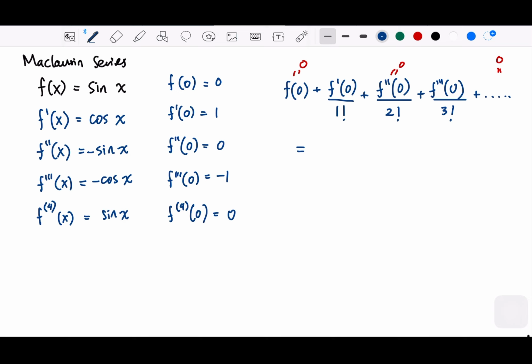So we can write x minus, because of the minus 1, x cubed over 3 factorial, and after 4 we have plus x to the 5th, and after that is another negative.